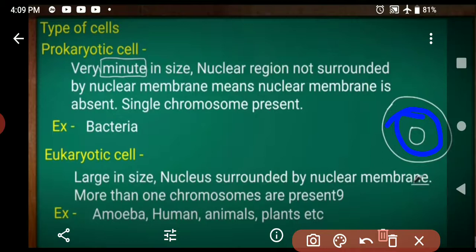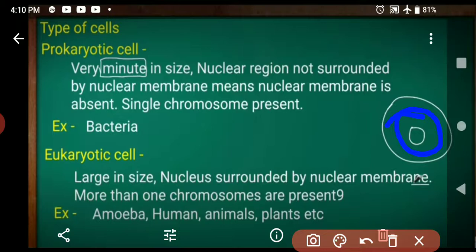Eukaryotic cell is larger than prokaryotic cell. It has more than one chromosome, and prokaryotic cell has only one chromosome. So what's the difference between prokaryotic cell and eukaryotic cell? Prokaryotic cell, size of a cell is generally small. Eukaryotic cell, size of a cell is generally large. Prokaryotic cell, nuclear region or nucleoid is not surrounded by a nuclear membrane.